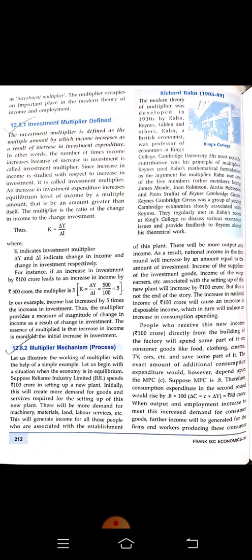But this is not the end of the story. The increase in the national income of rupees 100 crore will cause an increase in the disposable income, which in turn will induce an increase in the consumption spending also.